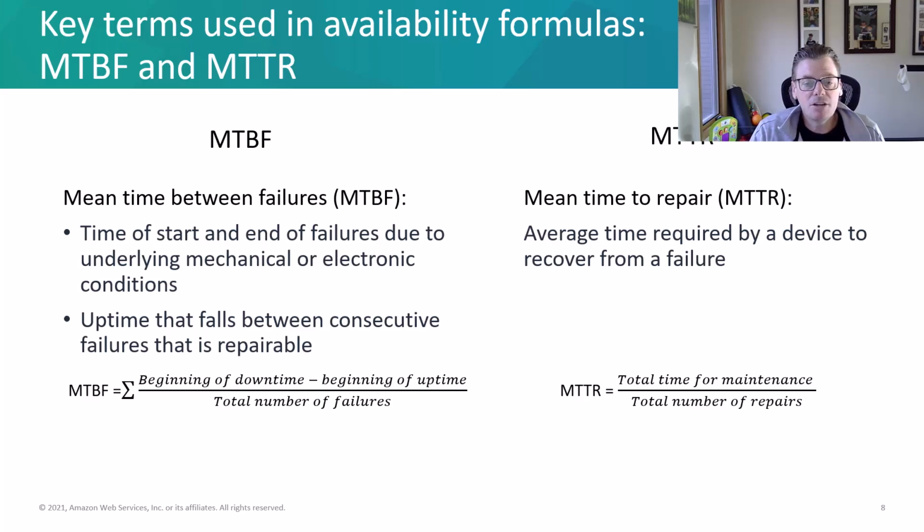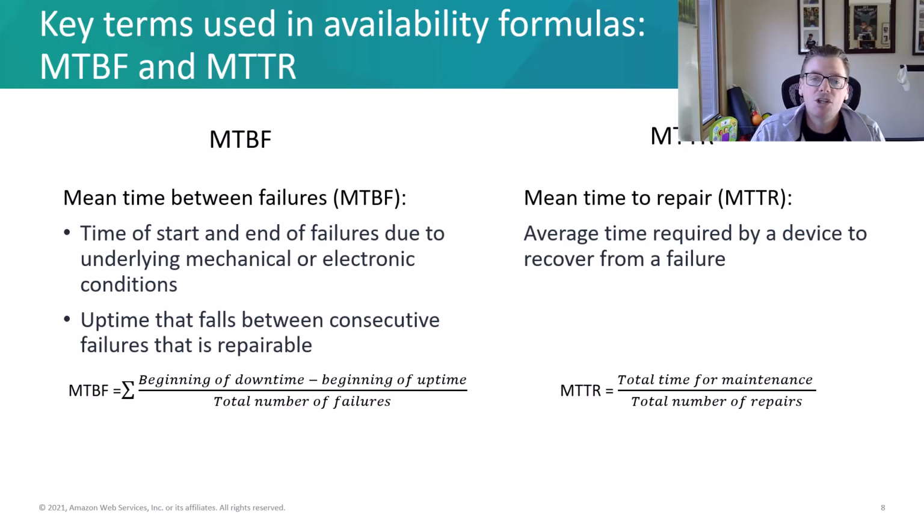All right, a couple of key terms. You've probably seen these before, but it's always good to review them. Are the mean time between failures and the mean time to repair. So the mean time between failures, the MTBF, is the time from the start to the end of a failure due to an underlying condition. A lot of the times, if you go and look at the component parts for your computers, the manufacturer will come out and give you an MTBF rating.